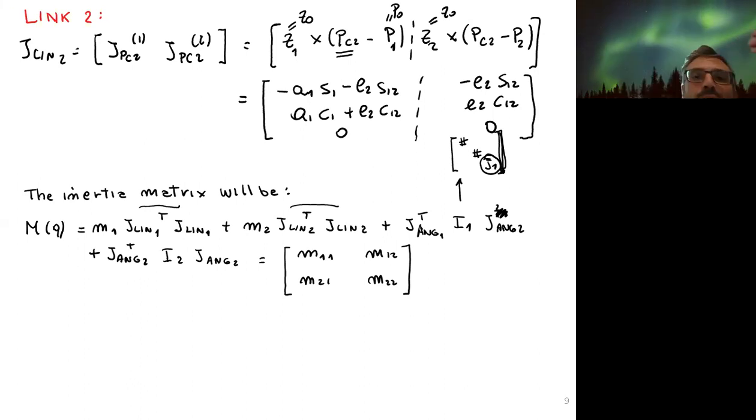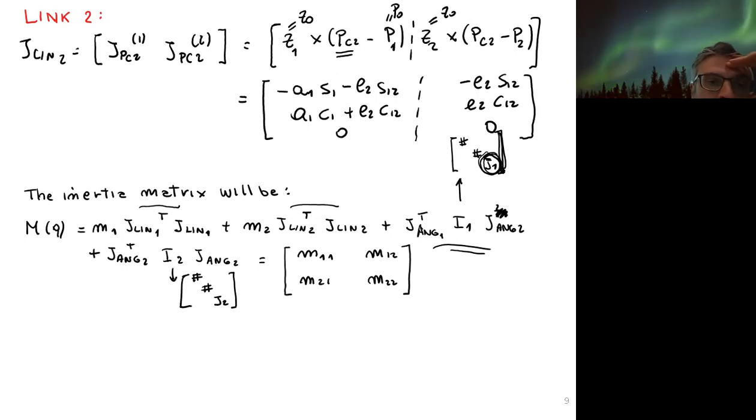So if you work out this matrix product, you will have only this term appearing, and the same for the second tensor of inertia. I prepared an example in MATLAB that you can try with exactly this computation.